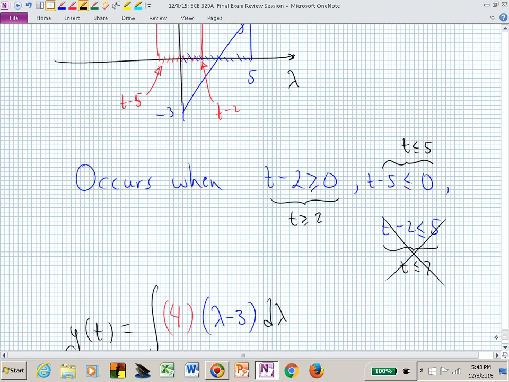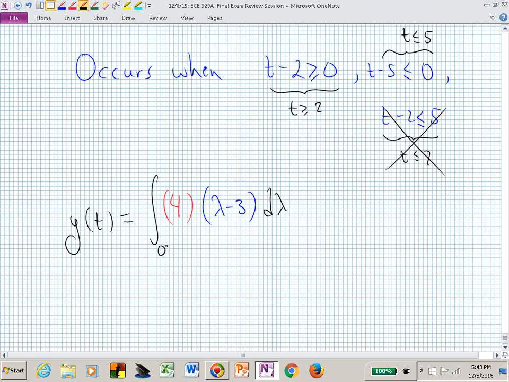That's where the red hatching and the blue hatching is overlapping. So I'm now going from 0 to t minus 2, and that's valid as long as t is between 0 and 5. What's the total overlap?